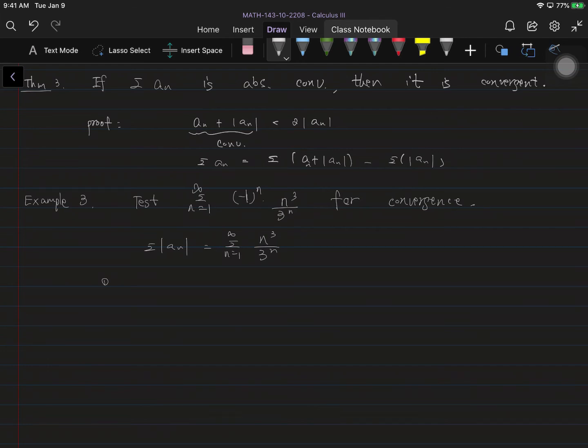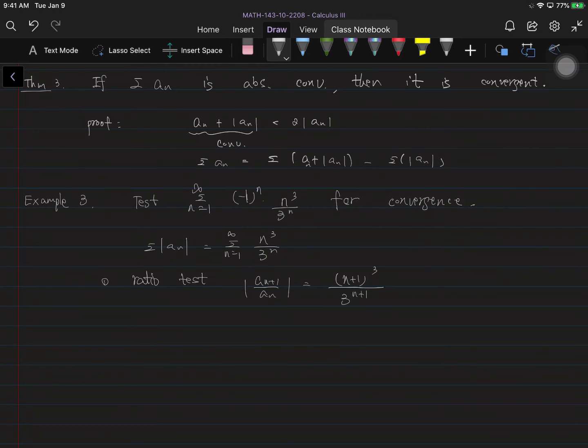Now let's see. If we use the ratio test, just a little review, but you can use other tests to say this is convergent or divergent. Ratio test means a_{n+1} over a_n, and because we take the absolute value, we don't have the (-1) anymore. It's just (n+1) cubed over 3 to the n+1.